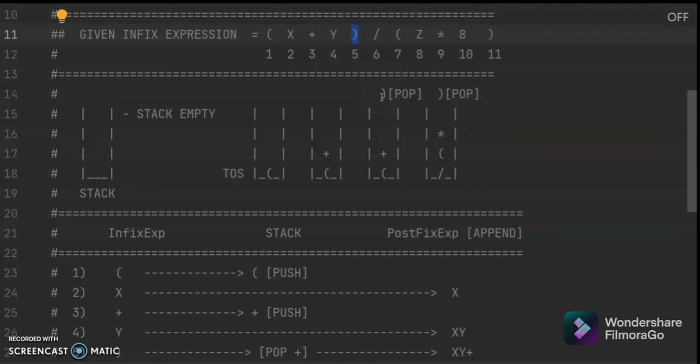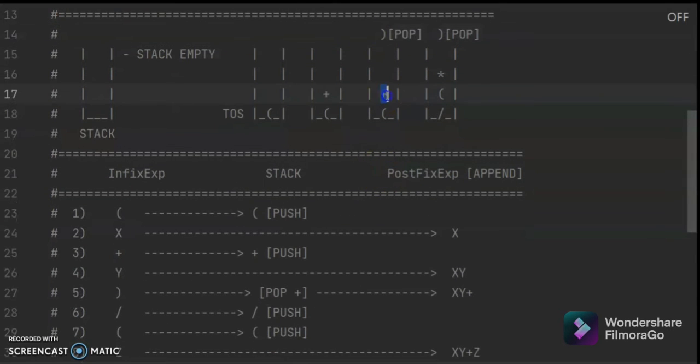The rule of the stack is, if you encounter the right parenthesis, I will use the pop operation. So I will be popping all the elements from the stack. What are the elements here? We will be having the plus and the left parenthesis. So for the right parenthesis you will be having the left parenthesis.